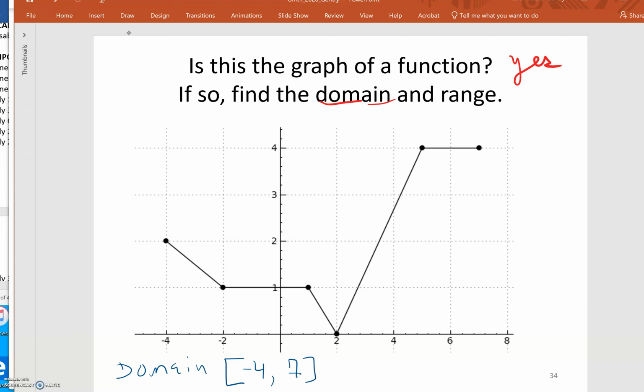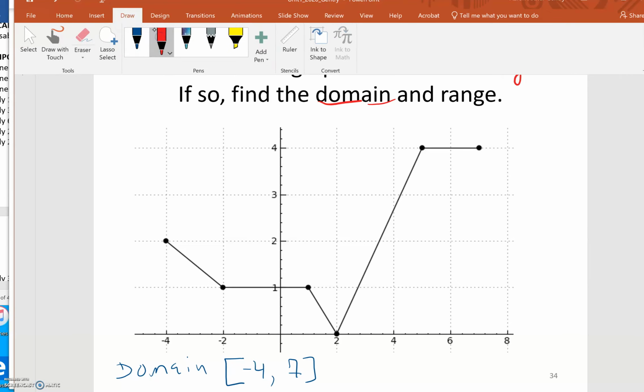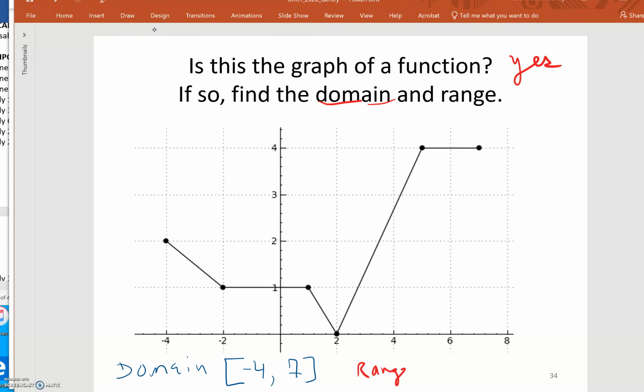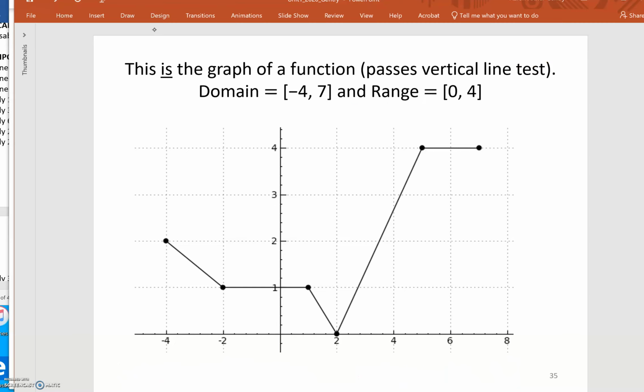And that means everything between -4 and 7. Similarly for the range, we're going to begin at 0 and end at 4. Okay, so that's just a warm-up to remind you how functions work in terms of their graphs and the definition of a function, and a little bit more about interval notation.